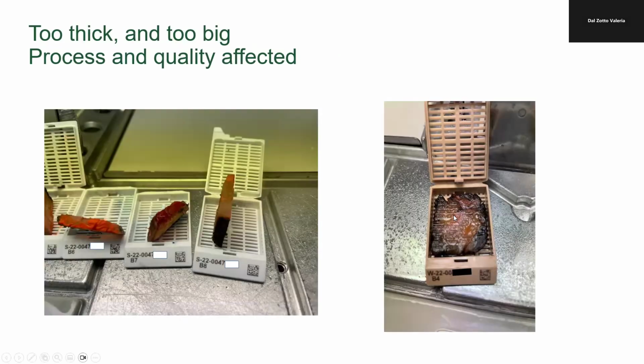These are examples of a no-no section. This is a section that is too big and too thick, more than 3 millimeters. Make sure that you don't do this, because the histology lab first is going to report it to the supervisor, and second, the tissue is under processed.